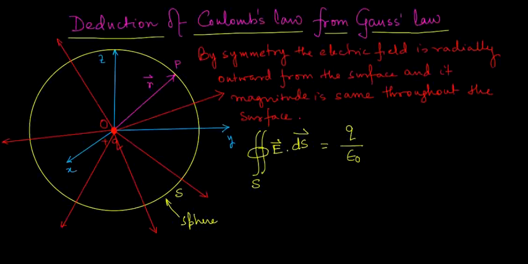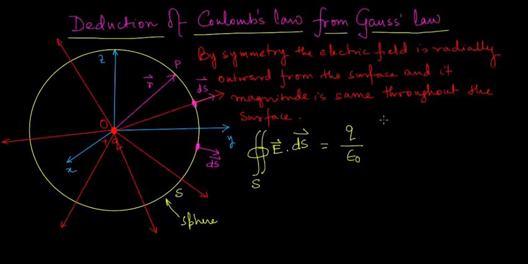Now if we take an elemental area on this surface, suppose this is the elemental area, so what will be the direction of this elemental area? Naturally this ds will be always radially outward. So if you take it here, the ds will be in this direction, right?